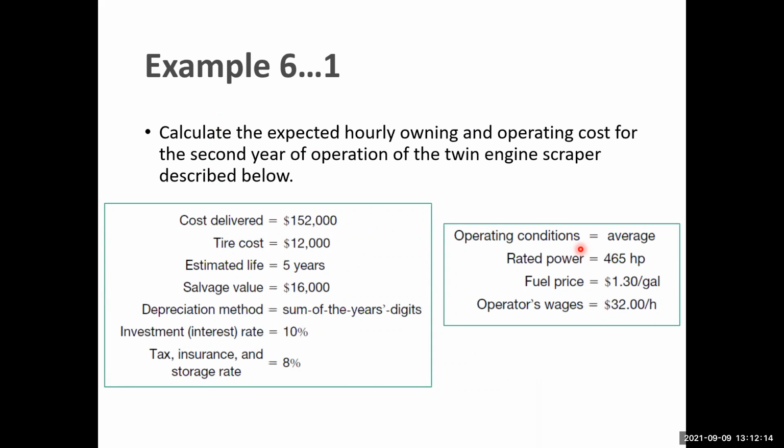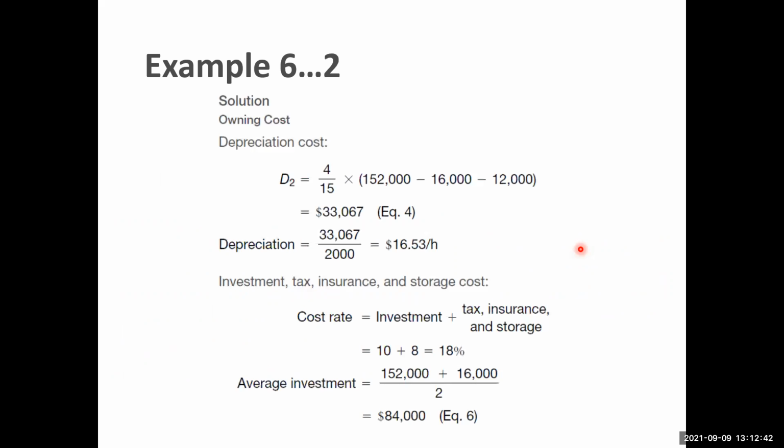For example, if you take 52 weeks in a year and 5 working days per week, multiply 5 by 52 and then take 8 hours per day, the answer is a little bit more than 2,000. So for rough estimation, we take 2,000 hours usage. So 33,000 divided by 2,000 gives $16.53 per hour.